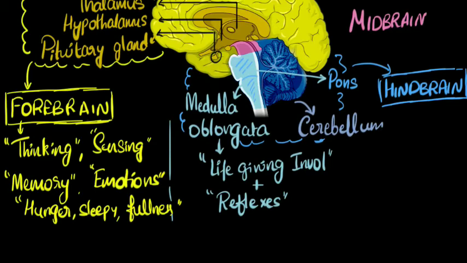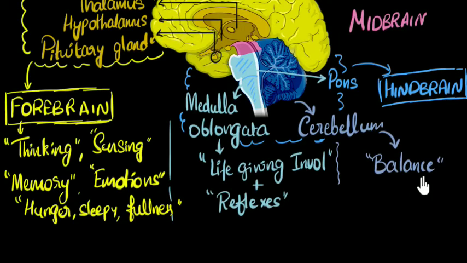Okay, the next is the cerebellum. This is the second largest part of the brain and is also divided into two cerebellar hemispheres. It forms a small leaf-like structure, and its major function is balance.